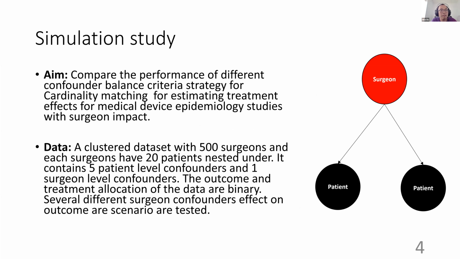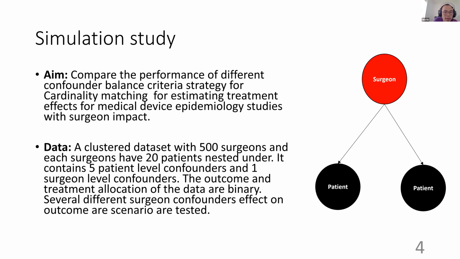The aim of this simulation study is to compare the performance of different confounder balance criteria strategies for cardinality matching for estimating treatment effects for medical device epidemiology studies with surgeon impacts.